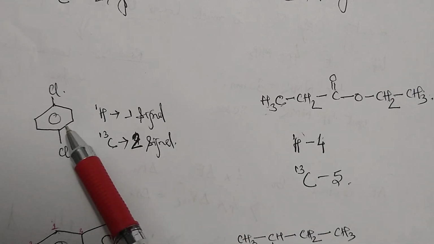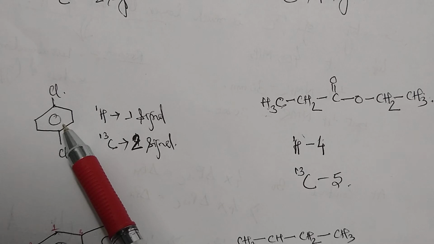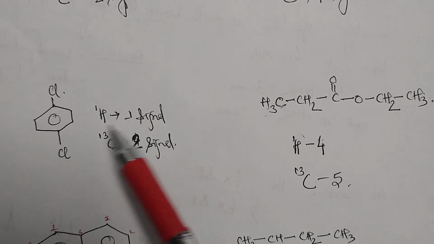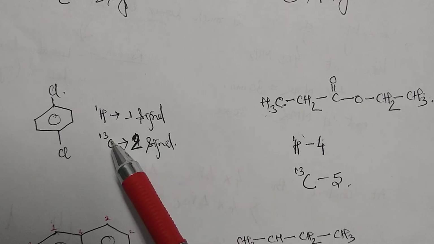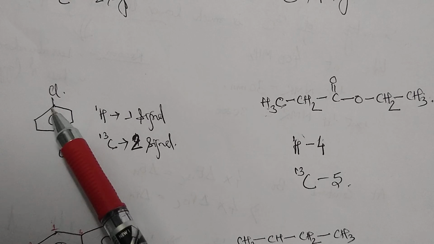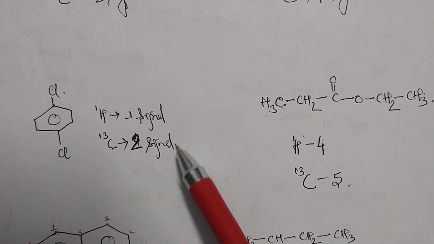Likewise, in this example, a para substituted benzene ring, as we have already seen, we will get only 1 signal in proton NMR, but we will get 2 signals in 13C, that is, one type of carbon and another type of carbon over here.